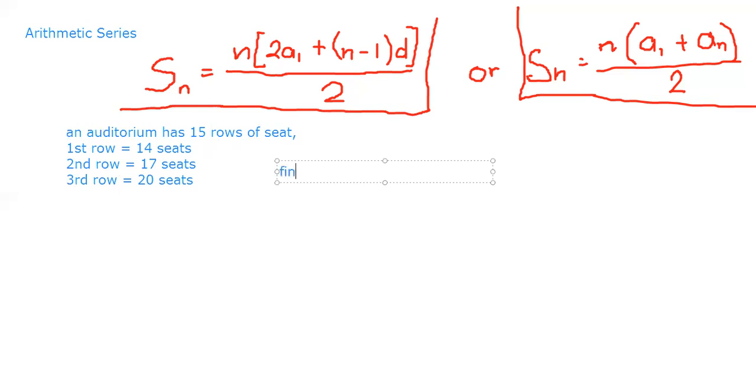Find the total capacity of the auditorium.